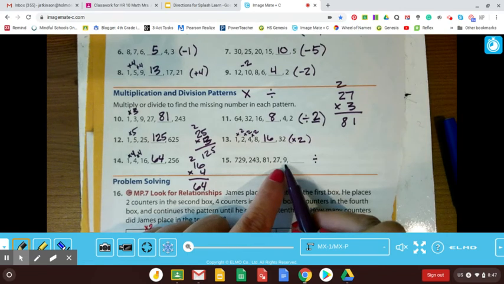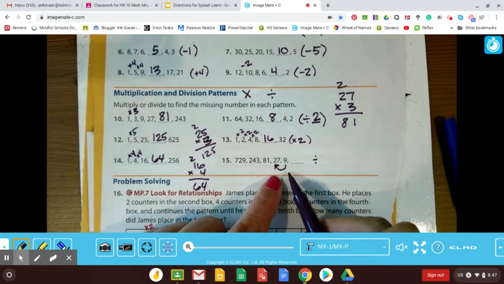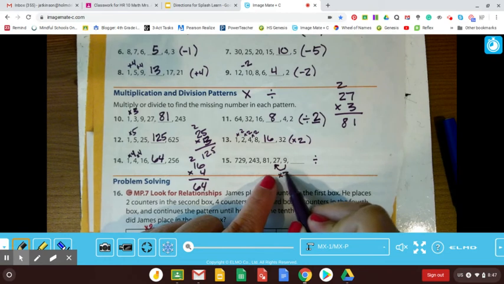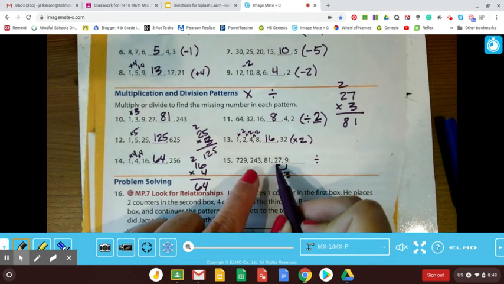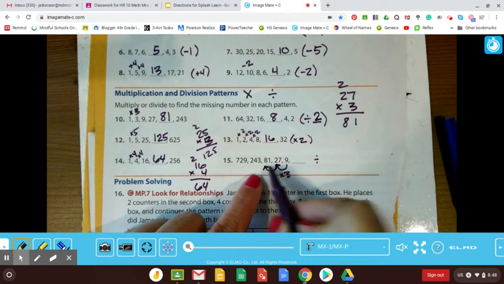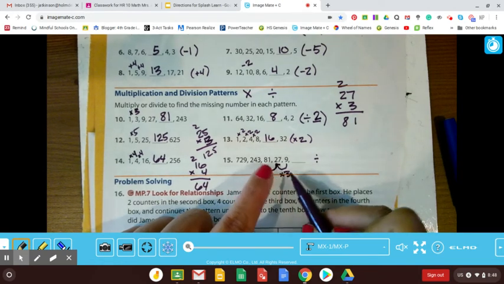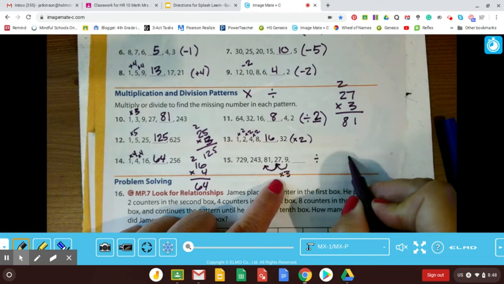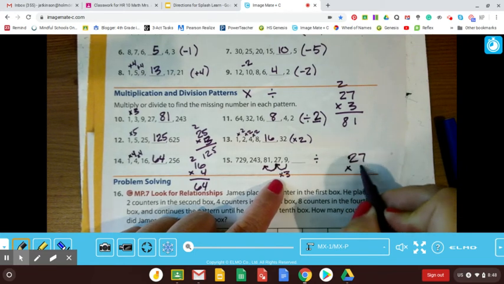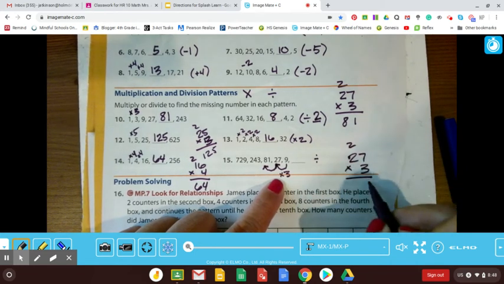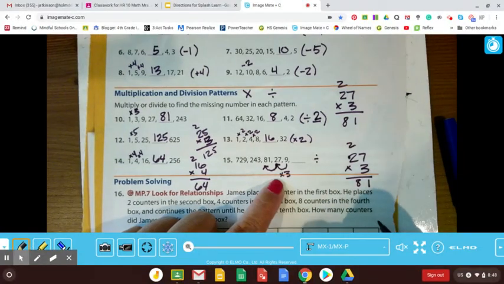How did we get from a 9 to a 27? Well, I know 9 times 3 is 27, right? How about, let's see if this keeps working. 27 to 81. So if my rule of times 3 is right, then 27 times 3 should give me 81. Let's try it. Yep, it does.